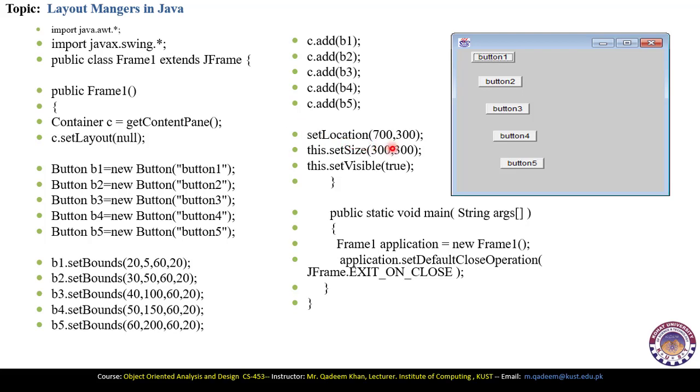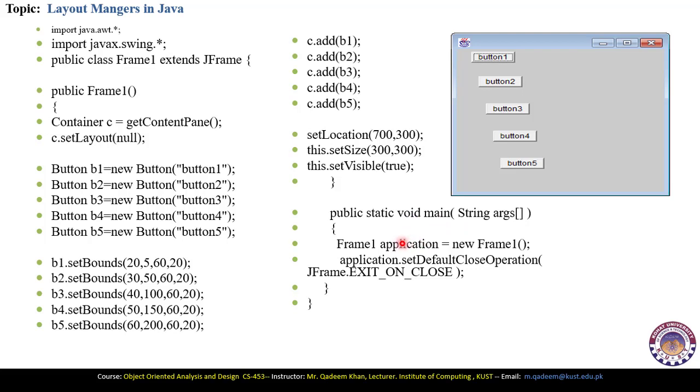Now setBounds 700, 30 defines the position of the window over the computer screen, that is the location, and its size will be 300, 300, which is a square window. And setVisible true means it will appear over the GUI when the program is run.